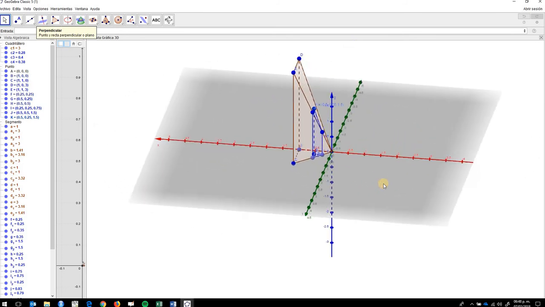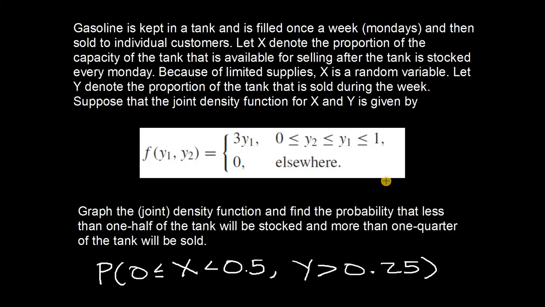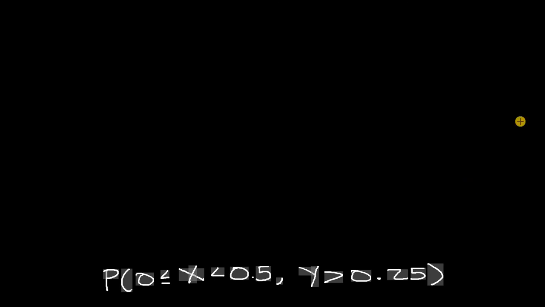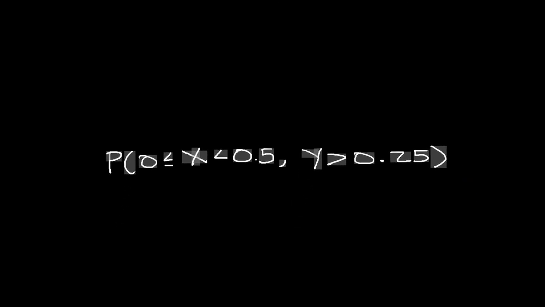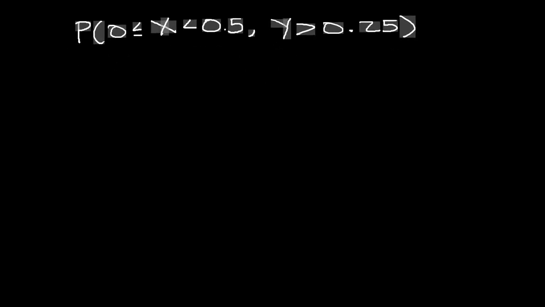So we need to use some calculus. So let's take this probability. Let me select this probability. Let me copy it. That's it. So this is the probability that we want to compute.